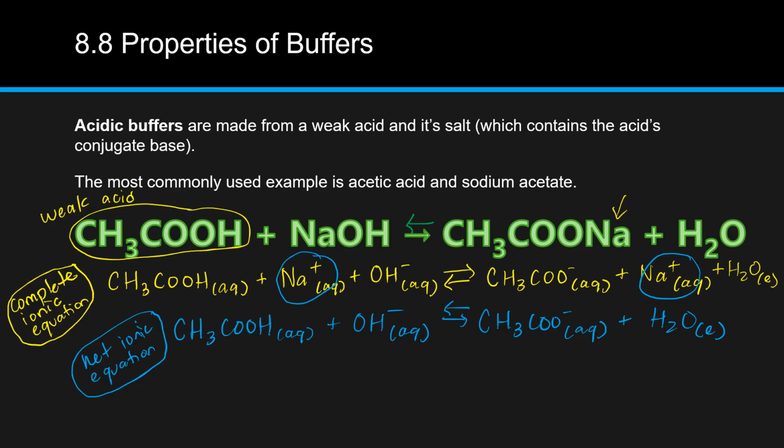So remember, the whole purpose of a buffer, or the beauty of a buffer, I should say, is that when you add acid or base, it's going to respond to that stressor with Le Chatelier's principle, and it's going to shift the equilibrium to offset the change in pH. So in this specific equation, if we were to add a base to this reaction, we are increasing the concentration of OH minus, which is going to shift the equilibrium to the products to offset that change.